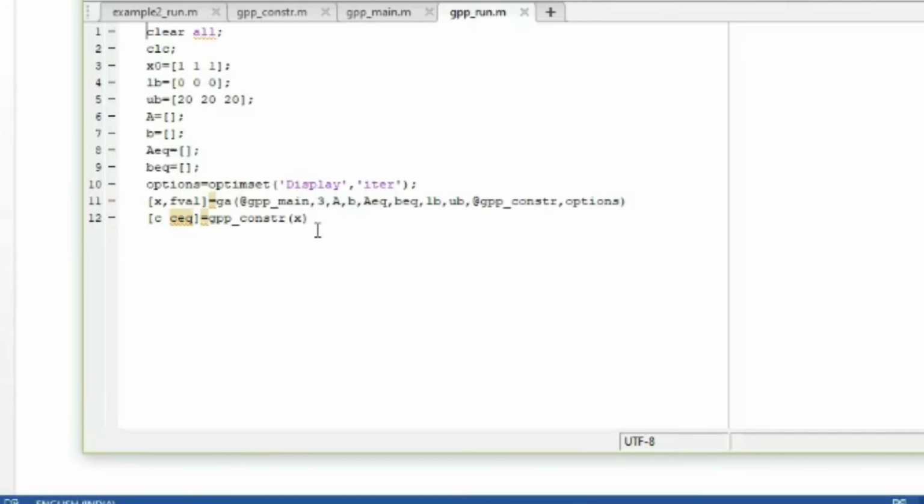However, whether you use the GA user interface in MATLAB or the GA solver, each and every time you run it, the solution differs slightly, because the initial population is generated based on random numbers.